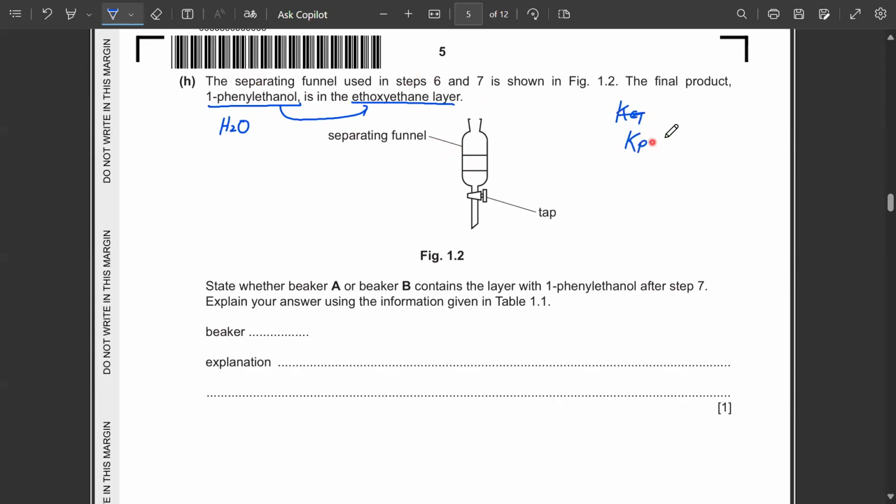KPC, do you remember that topic? It was the concentration of the solute in the organic solvent or organic layer, divided by the concentration of the same solute in the aqueous layer.